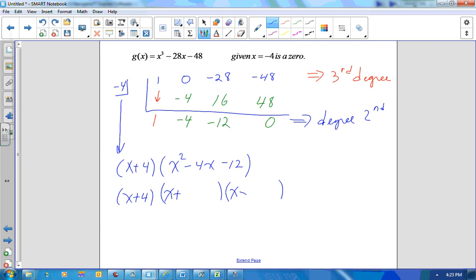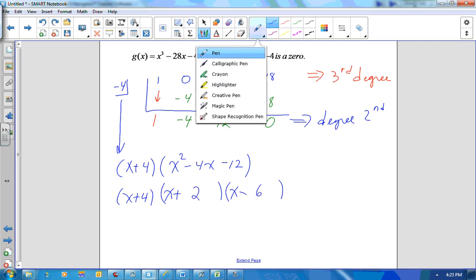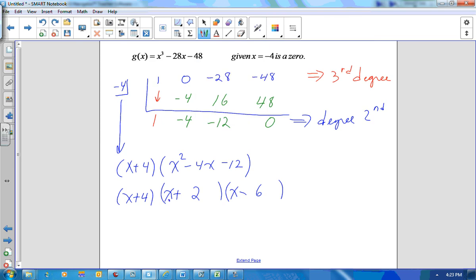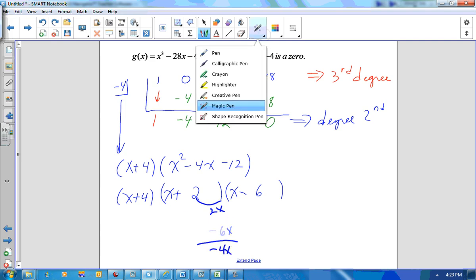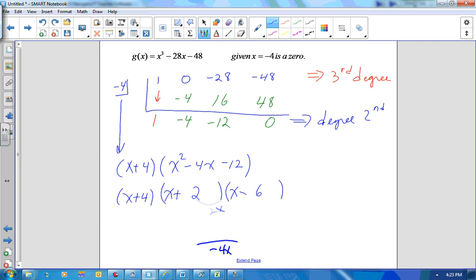I need factors of 12 that when I subtract them give me a -4. So I'm going to put the -6 here and a +2. Let's just check this with the magic pen. Here I get a -6x. Here I get a +2x. When I combine them, I do indeed get a -4x. Good. Okay, so we're ready to go.